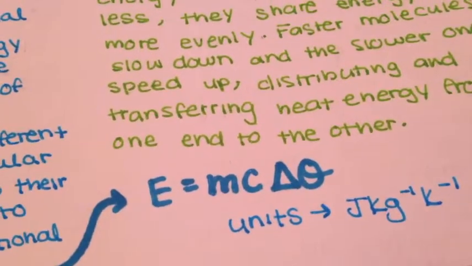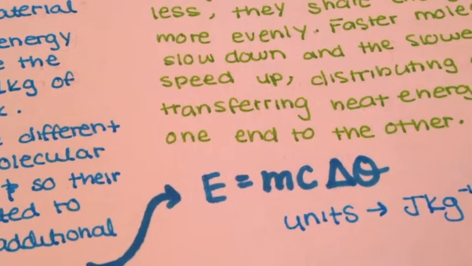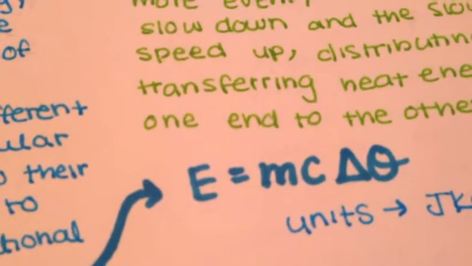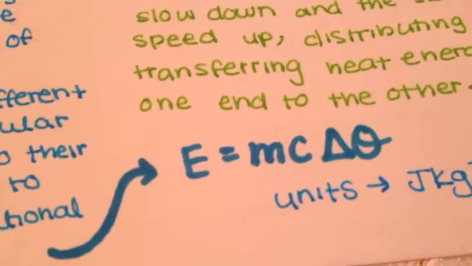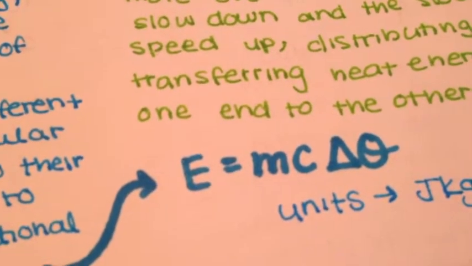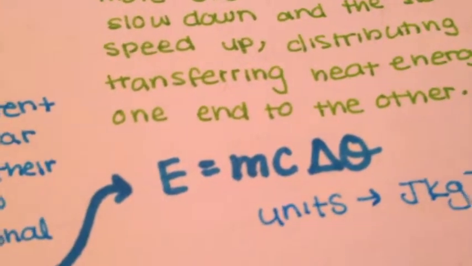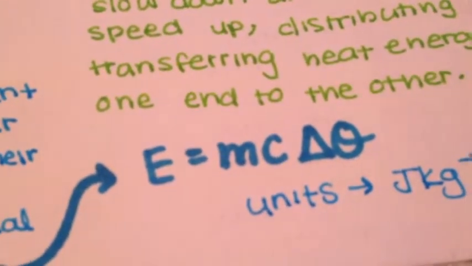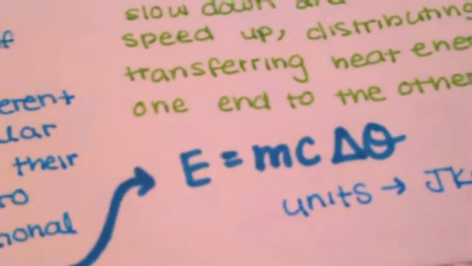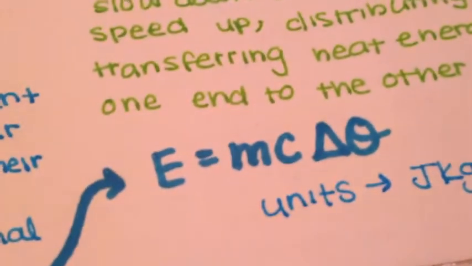To find how much heat energy is needed to raise the temperature of a material by a certain amount of degrees, we can use the equation E = mcΔθ, where E is the amount of energy needed, m is the mass of the substance, c is the specific heat capacity of the substance, and Δθ is the change in temperature wanted or needed, so the rise in temperature which would be necessary for the amount of energy.